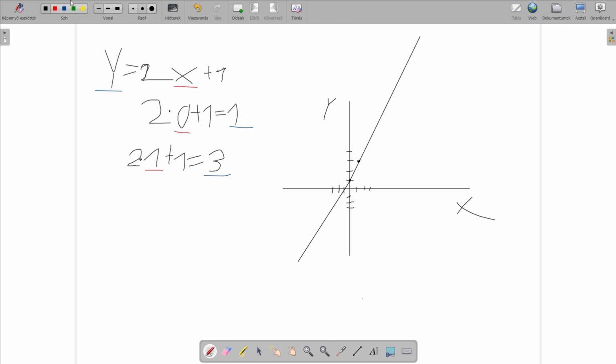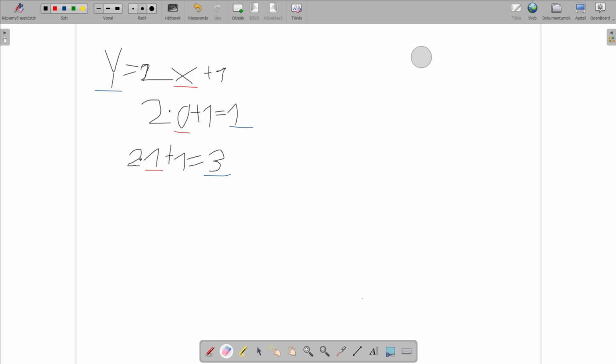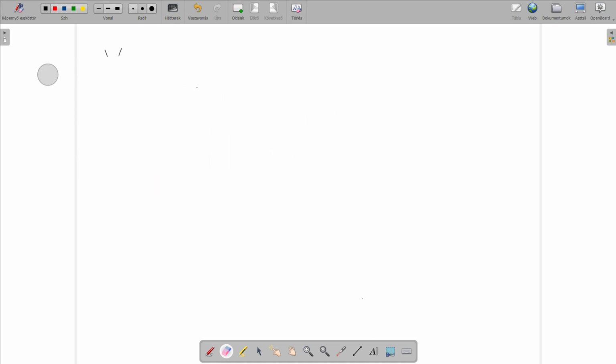Let's see one more example, and this will be a bit more difficult. So we have once again a coordinate plane. And we will have our rule y equals minus 3x.